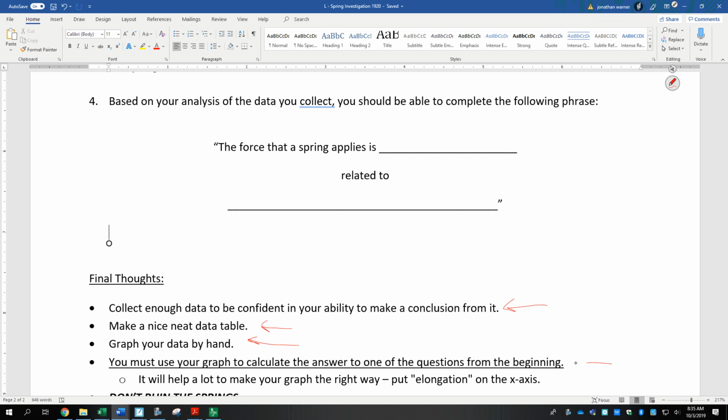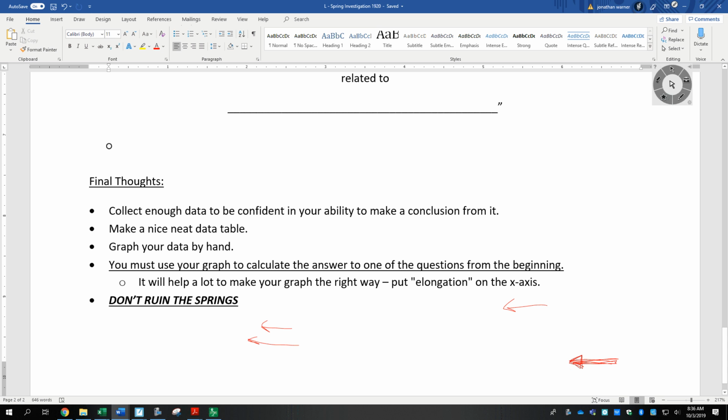You have to use your graph to calculate something. The answer to one of the big two questions on the front comes from a calculation from your graph. And, a big one here, don't ruin the springs. Your substitute has been instructed to make a special note of any groups that ruin springs. So don't do that.